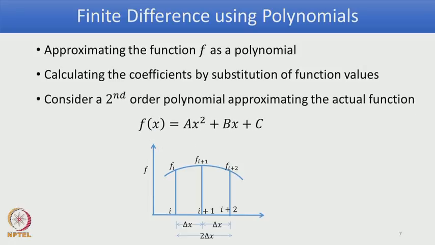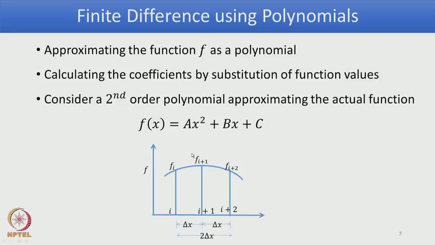In this exercise we are going to demonstrate that procedure by considering a second order polynomial, and that is shown here. Function f of x is approximated by a second order polynomial as given here: a x squared plus b x plus c.